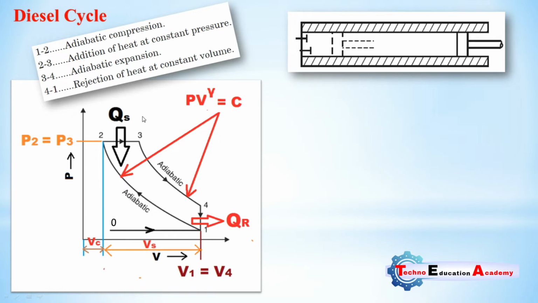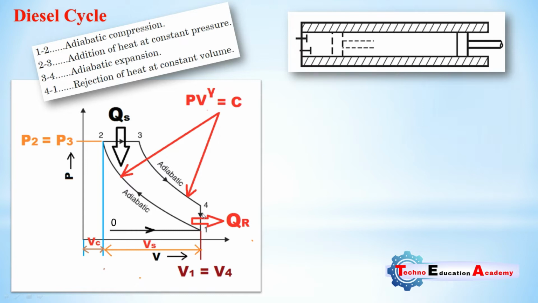We have already discussed in my previous lecture that whenever we supply heat energy we consider it positive, and when the system rejects heat we consider it negative. So in process 2 to 3, heat is supplied and pressure remains constant, P2 equal to P3. So the diesel cycle is also known as the constant pressure heat addition cycle.